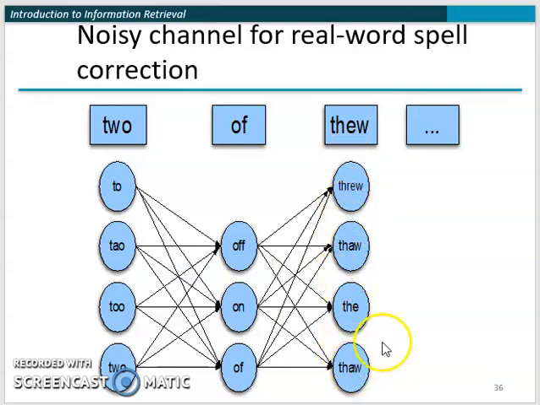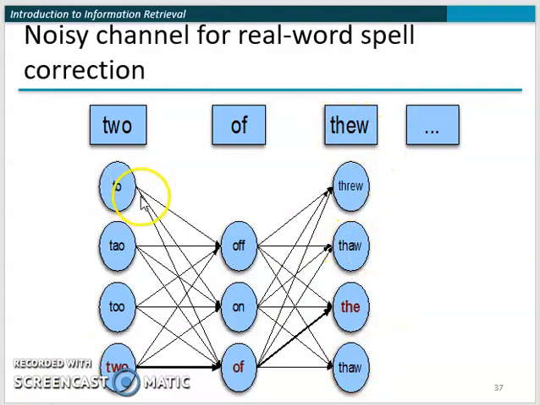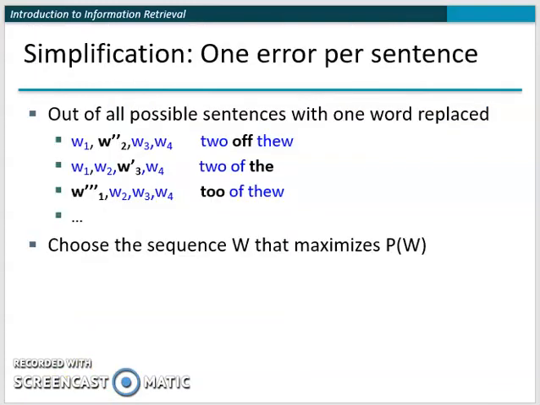So "the" is repeated here, one of these should be "the". Now there are many possible sequences here. For example, two of thew, two of through, two of the. So we'll see how we can find which of these sequences is the most probable.